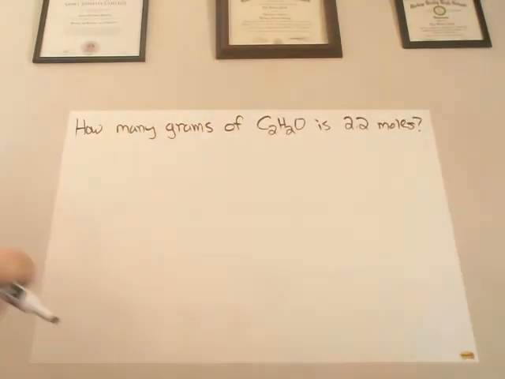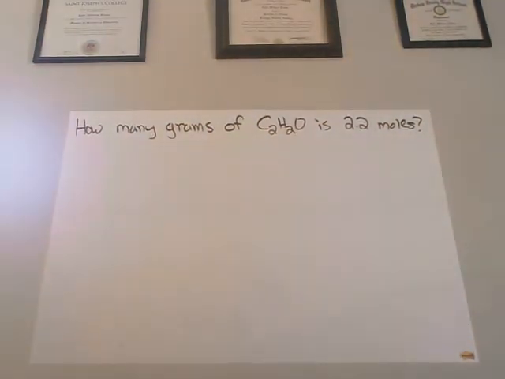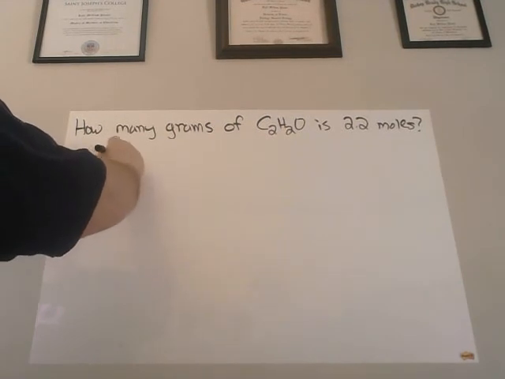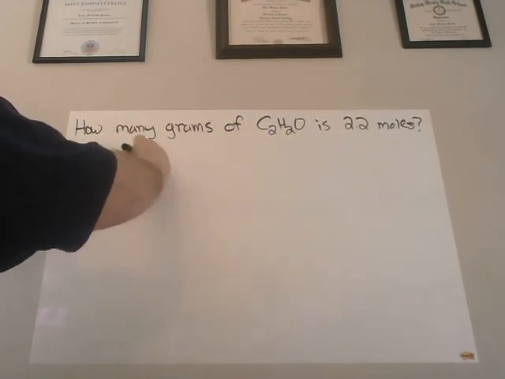So for this problem, how many grams of C2H2O is 2.2 moles? We start out just like we did before. We have to figure out the molar mass of C2H2O. So I know I have C, H, and O. There's two of those, two of those, and one of those.